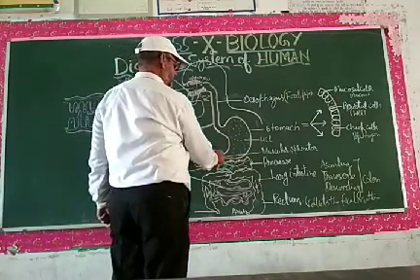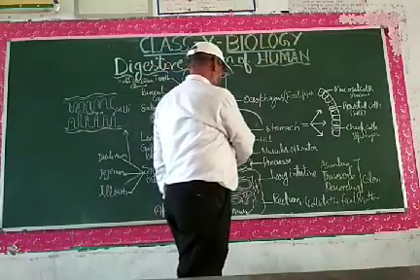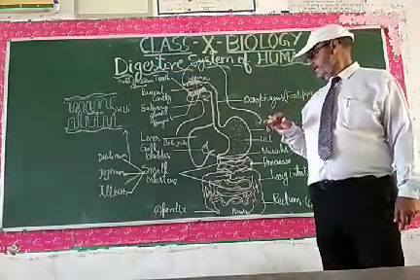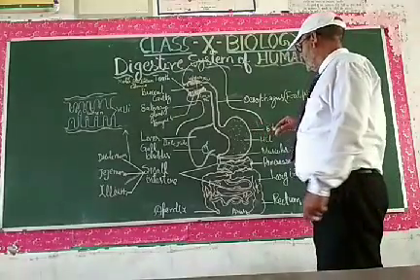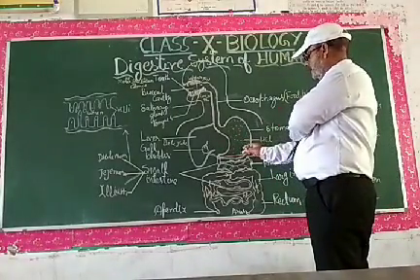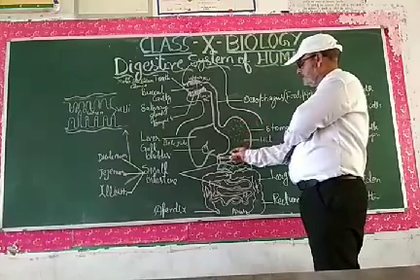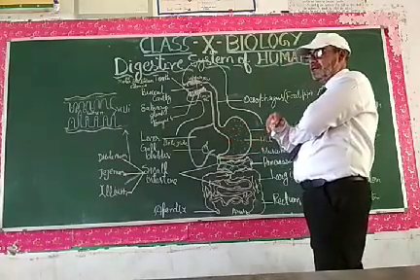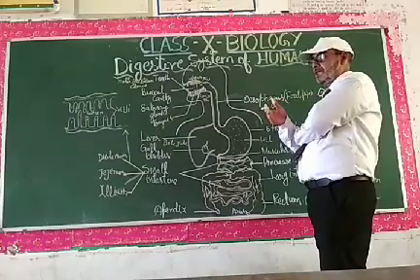This is the muscular sphincter between the stomach and small intestine. This sphincter allows a certain amount of food from the stomach into the small intestine for the digestion of that particular food.